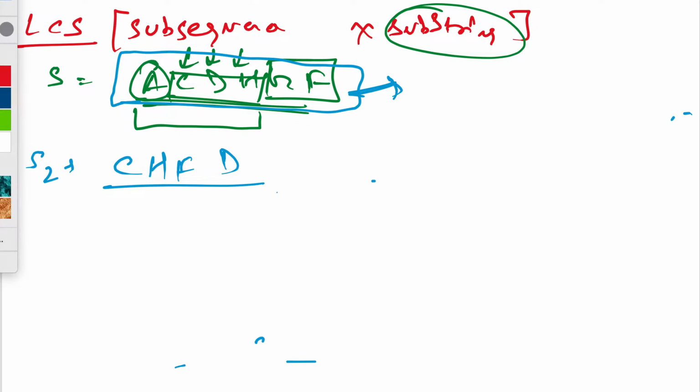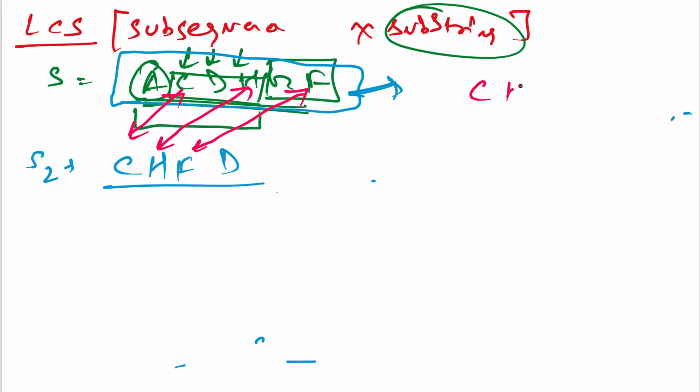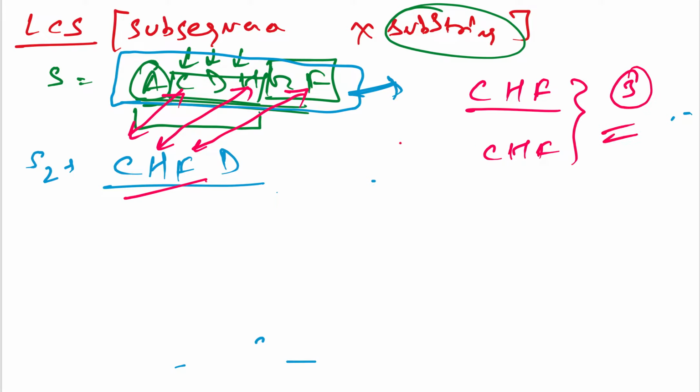If we match the characters in both strings, A doesn't match any of the characters, C matches this one, D doesn't match any of them, H matches this one, then F matches this one. So if we take CHF out of this and CHF out of this, these two are common and its length is 3. This is the longest common subsequence of S1 and S2.